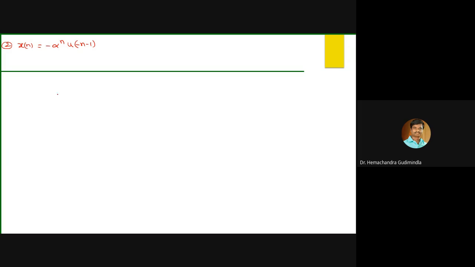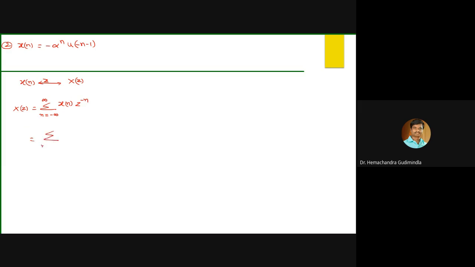Now what is the z transform of x of n? It is x of z, where x of z is equal to summation n equal to minus infinity to infinity x of n z power minus n. What is x of n?